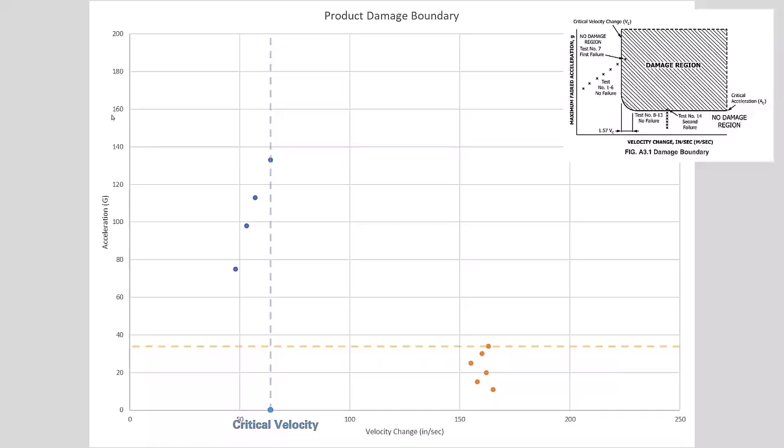And I did this quickly. You can get much tighter control on the repeatability of the velocity change, but it would basically remain constant in a tight range. And so during each drop, to the point where that washer falls off, that becomes my critical acceleration. Now I have 2 of the boundaries of the damage boundary.